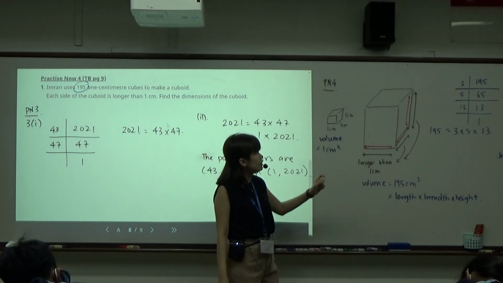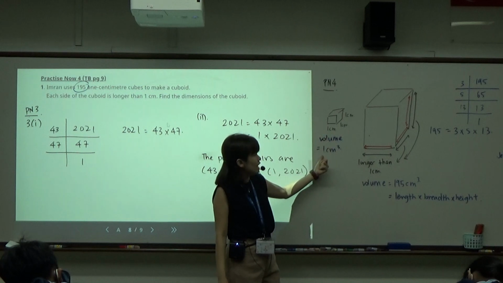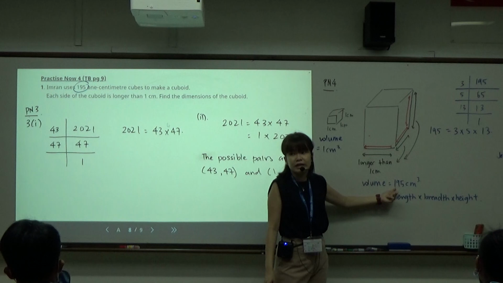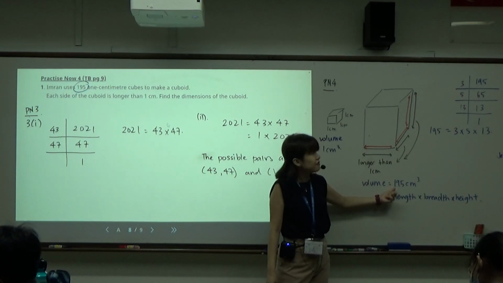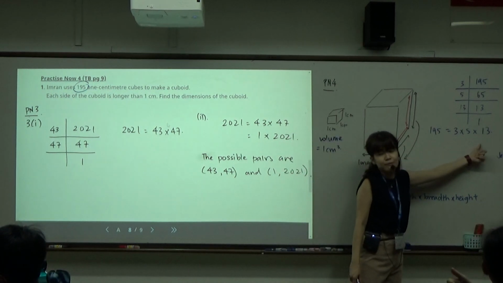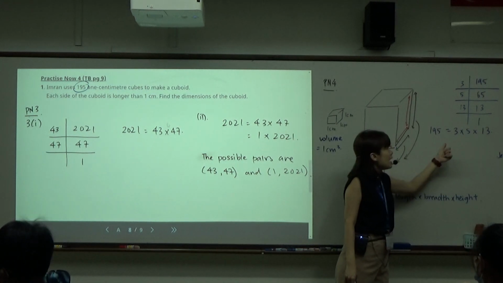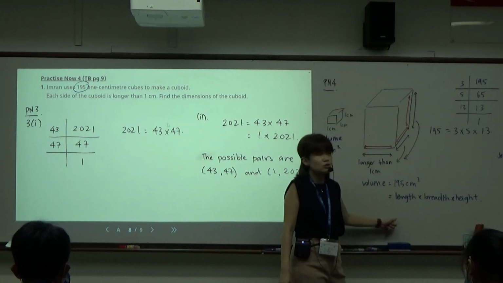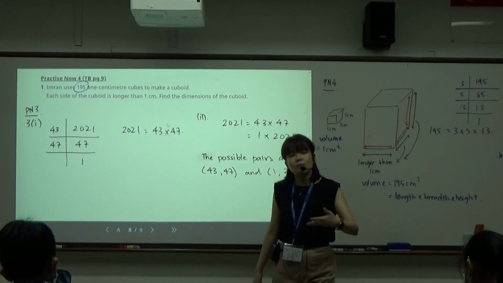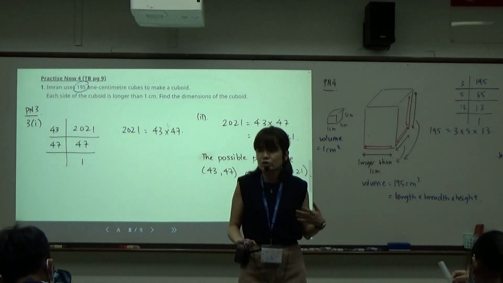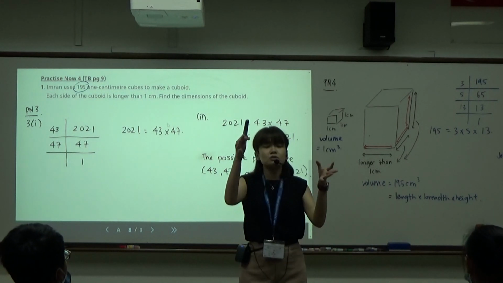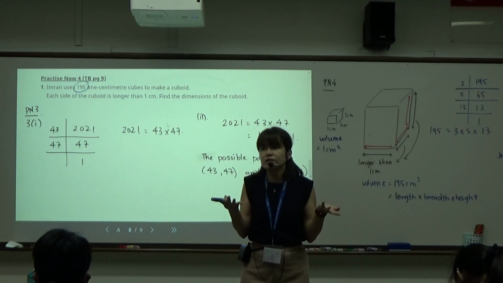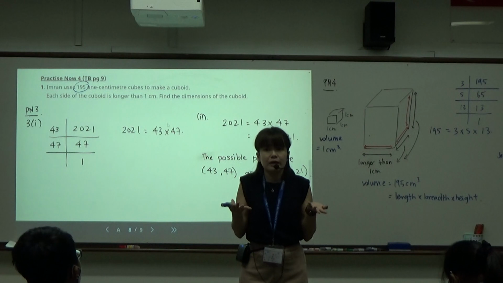Because we agreed that from 1 cube itself, which has a volume of 1 cm cube, I made it up into a total of 195 cm cube. 195, when I break it down into its prime factors, I will know that it's 3 times 5 times 13, so the length, breadth, and height must be 3, 5, and 13. It doesn't matter which one is length, which one is breadth, and which one is height, because no matter what for your cuboid, you turn it around, it will change the way you define your length, breadth, and height.